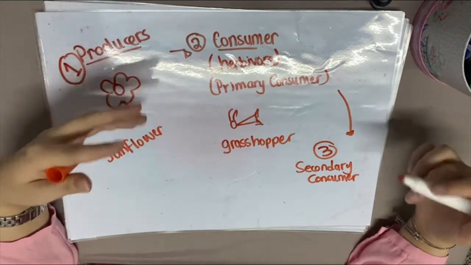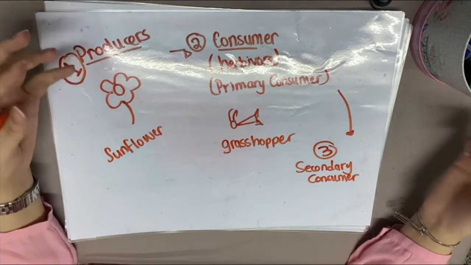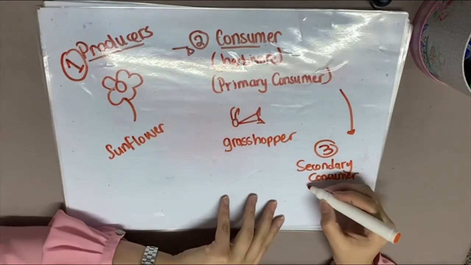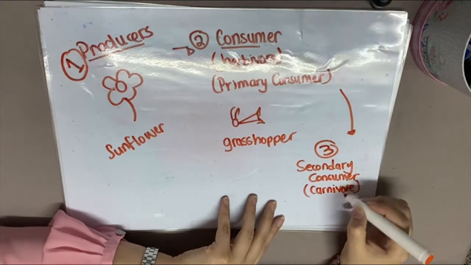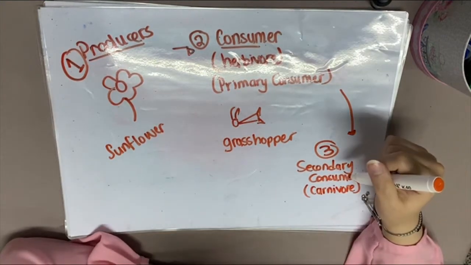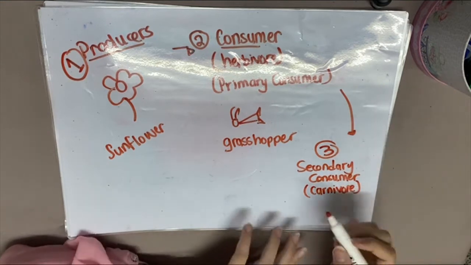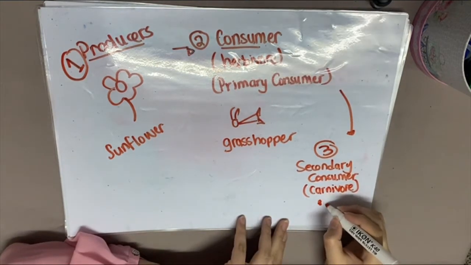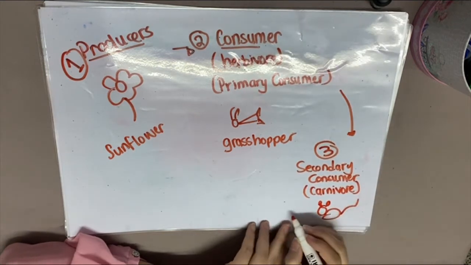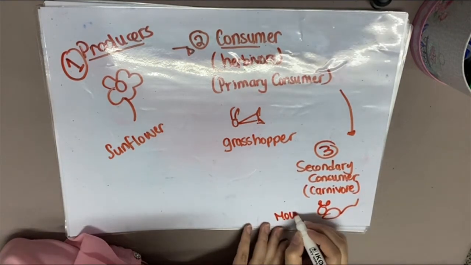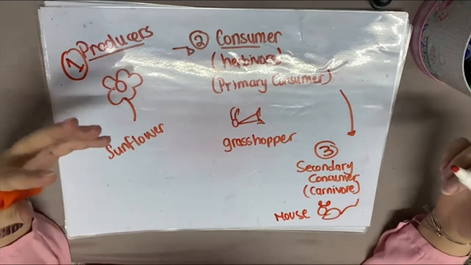Let's say a carnivore, because it gets energy from eating other animals. So here we have a carnivore. What do you think is a carnivore that eats grasshopper? Maybe our grasshopper will be eaten by a mouse. Okay, that is one weird mouse. Our grasshopper will be eaten by a mouse.